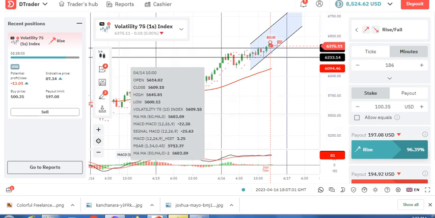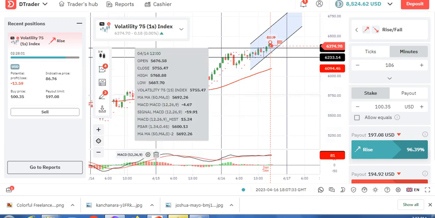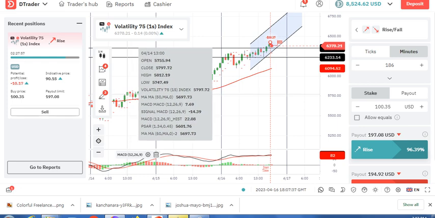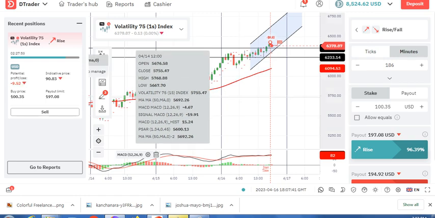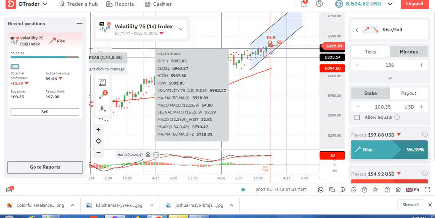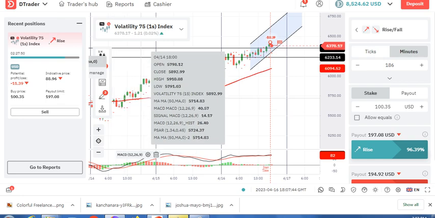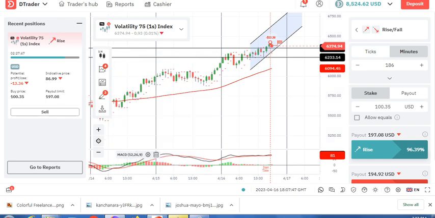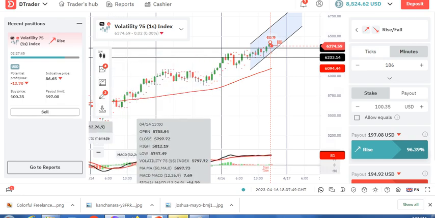By the time you see that this candle pierced above the moving average and the second candle opened above the previous candle, you are advised to enter your trade. Both indicators also showed that the market would be moving up.